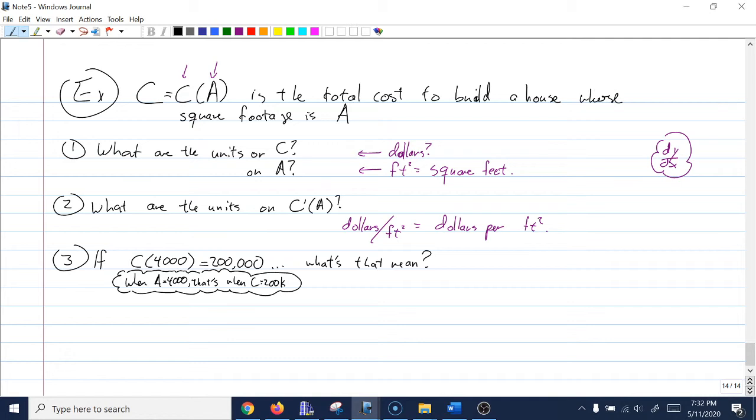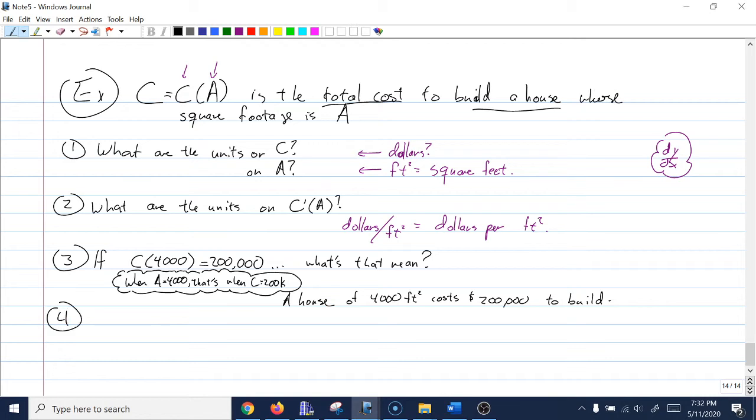Adding units helps. 4,000 square feet, $200,000. A house, they're telling me that should be the cost to build that house. A house of 4,000 square feet costs $200,000 to build. Cool, I got a sentence about a house. Like, I understand this sentence. Neat. The derivative one is the hard one.